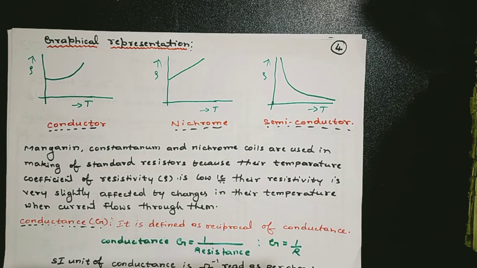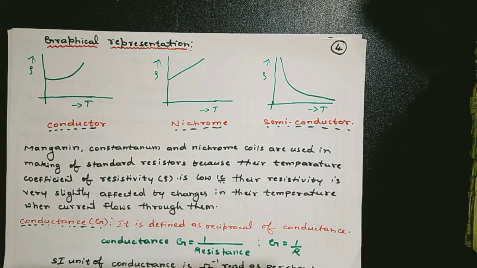Whereas in case of materials with less temperature coefficient of resistivity like nichrome or manganese or constantan, with increase in temperature, the resistivity of the material increases linearly. In case of semiconductor, with increase in temperature, the resistivity decreases. Again, not linearly.